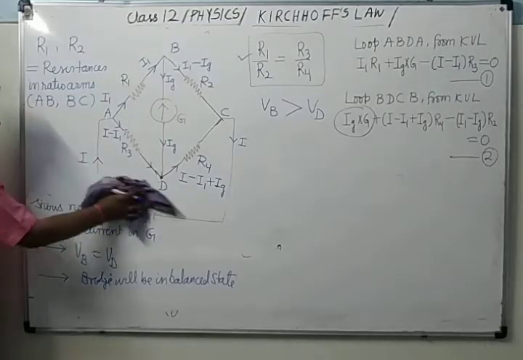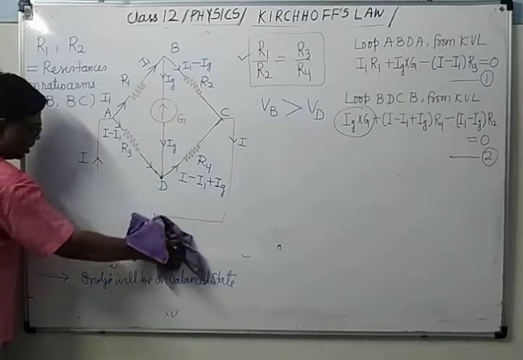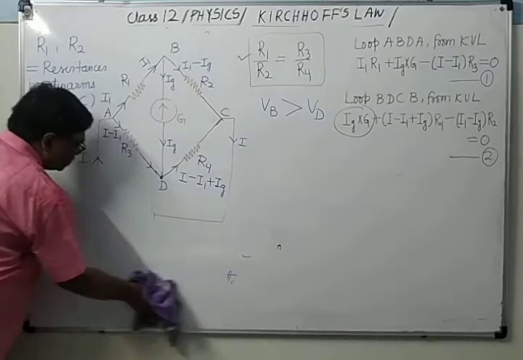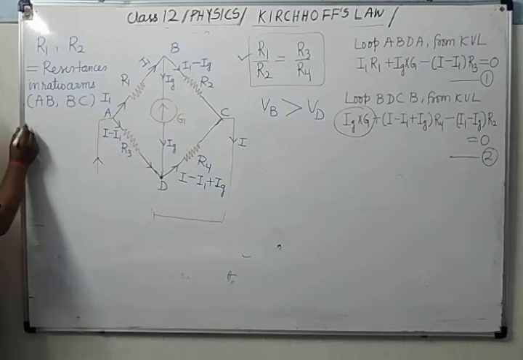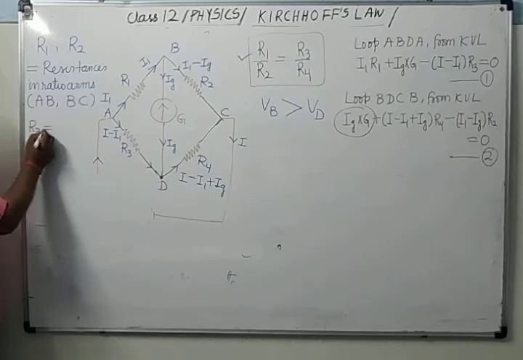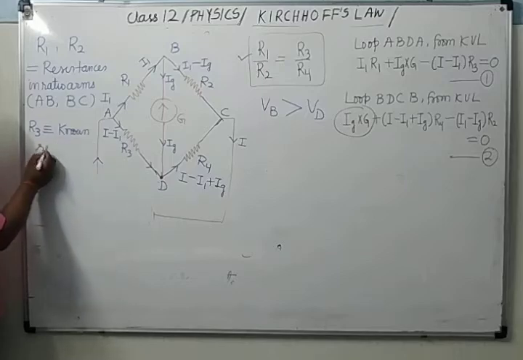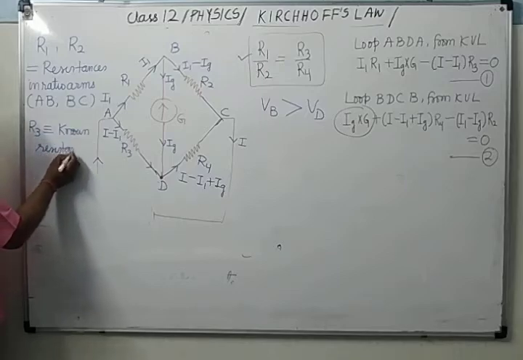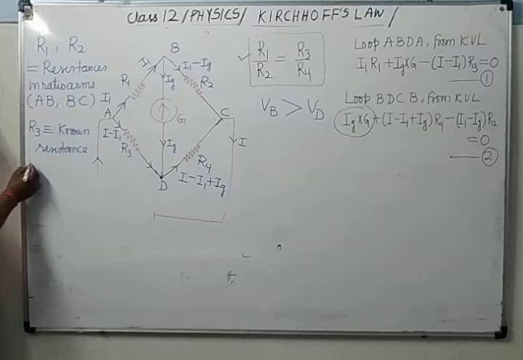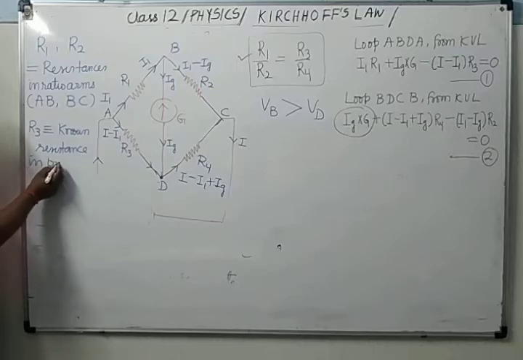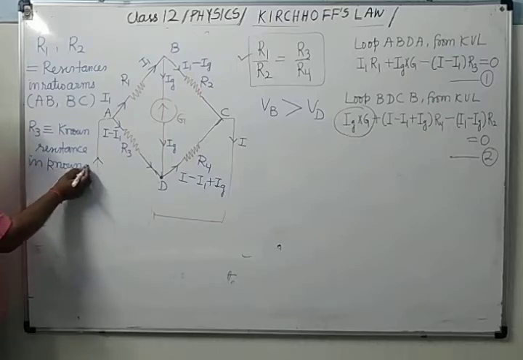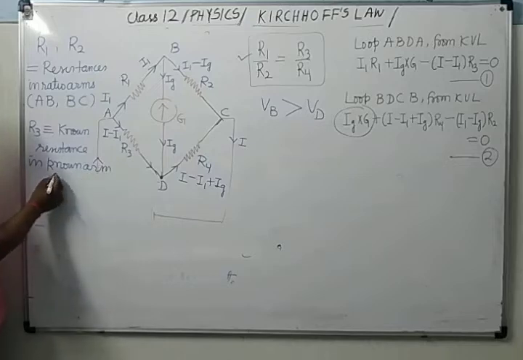Then if you see here, this R3 is the known resistance in the known arm, the resistance of known value, whose value is known to us. It's clear? In known arm, that we name as AD.